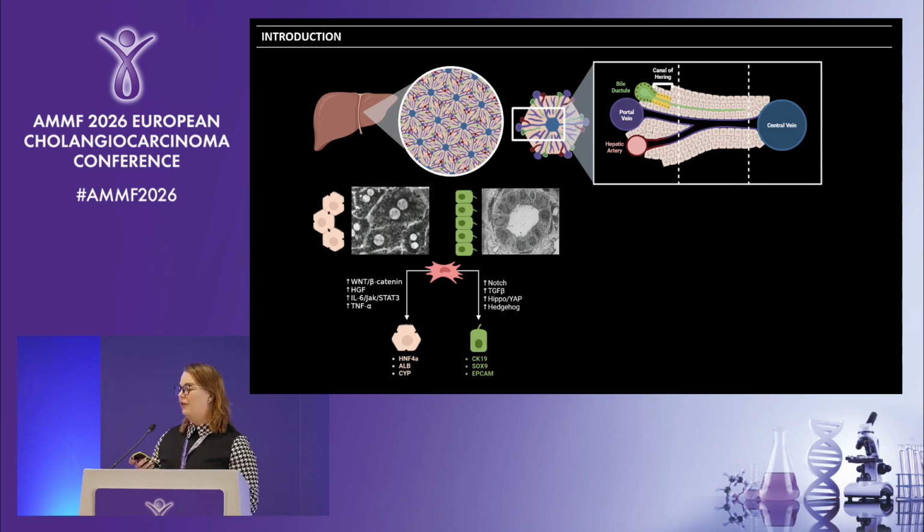Interestingly, though, although the hepatocytes look very morphologically similar across the lobule, they actually are very functionally dependent on where they sit along this portal to central vein axis. So this axis can be broken down into 3 zones, namely the periportal zone 1, the midlobular zone 2, and the pericentral zone 3.